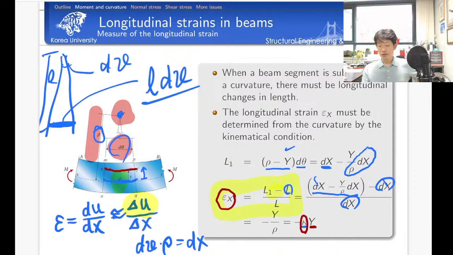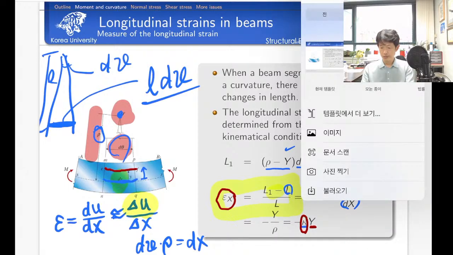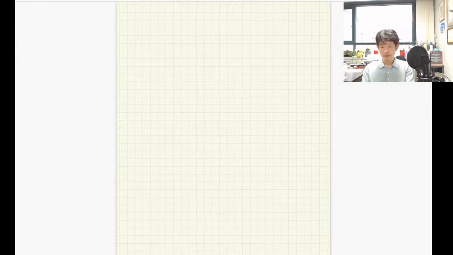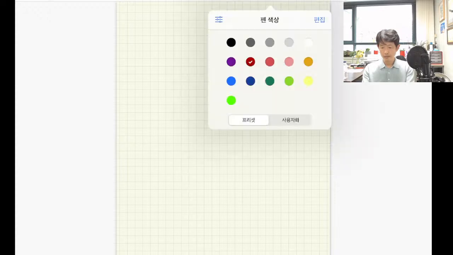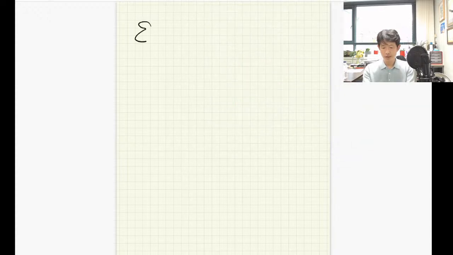According to this, let's check the characteristics of this equation even more. According to my calculation, my strain in the x direction is equal to minus curvature times the y coordinate.